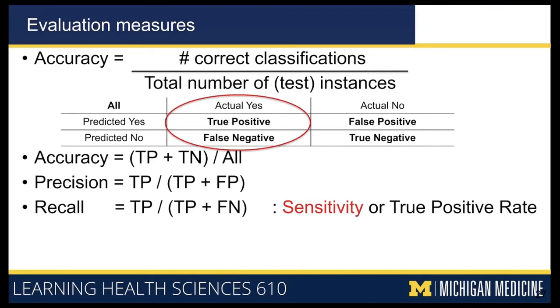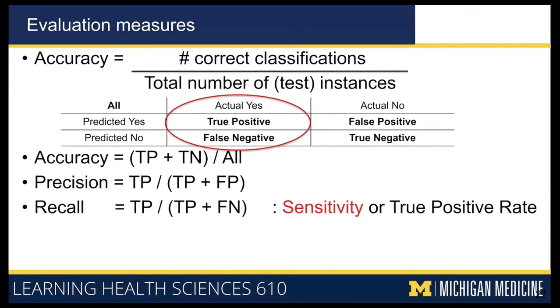Recall is looking at the column yes. So of the things that are actually yes, how many were predicted yes? That will be true positive divided by true positive plus false negatives. So this tells you the true positive rate. A more common name for the recall measure in the medical community is sensitivity, right?